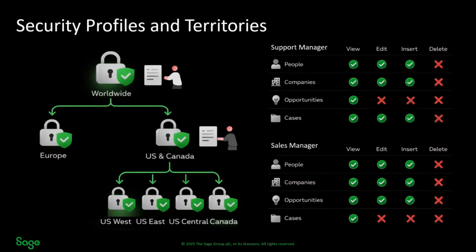So her security is higher, but she belongs to the root territory of worldwide, which means theoretically she could see everything within the system, but her rights are then limited by the actions that she can perform on each of those data items. So she may actually see more companies, or she may actually see more opportunities, but not be able to perform actions on them. It would only be possible to perform actions on them if she had the right security profile that allowed her to edit opportunities. She can see cases, she can act on those, she can carry out work.